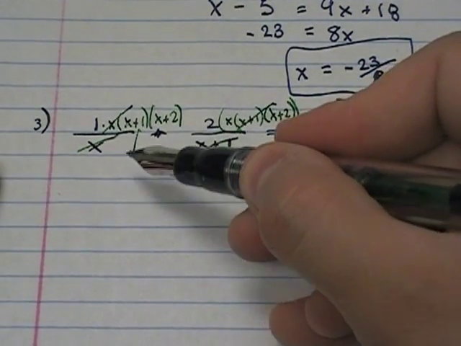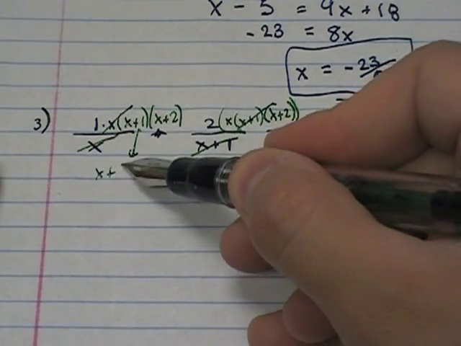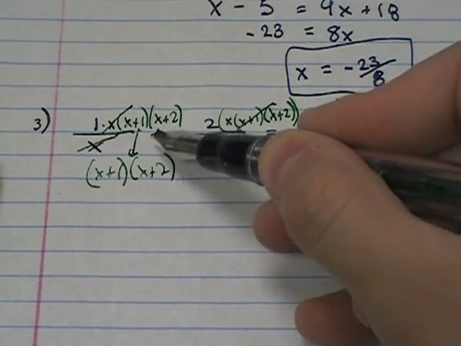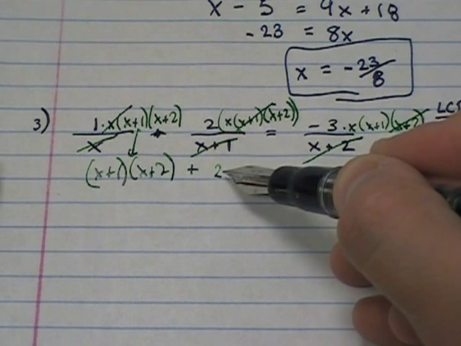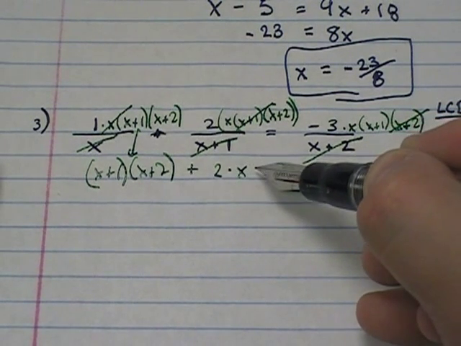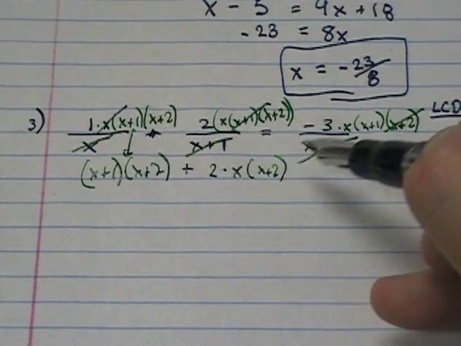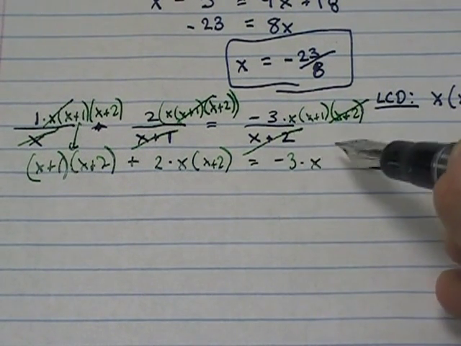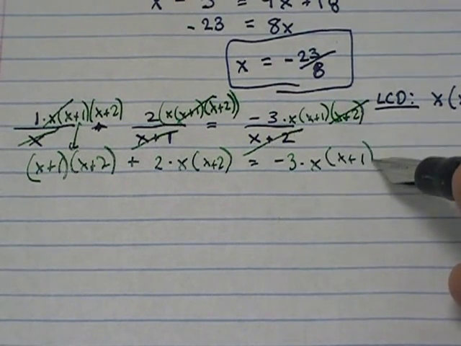So here I'm left with x plus 1 times x plus 2 plus 2 times x plus 2 equals negative 3 times x plus 1.